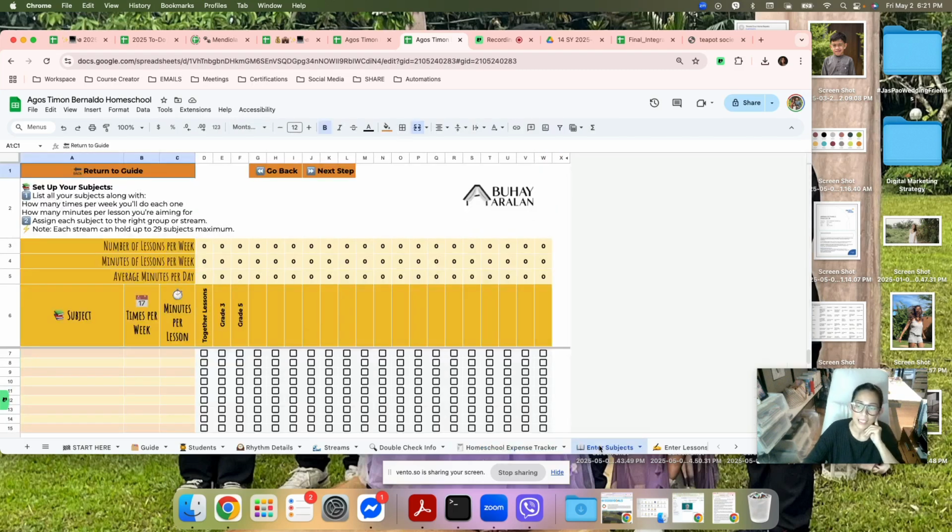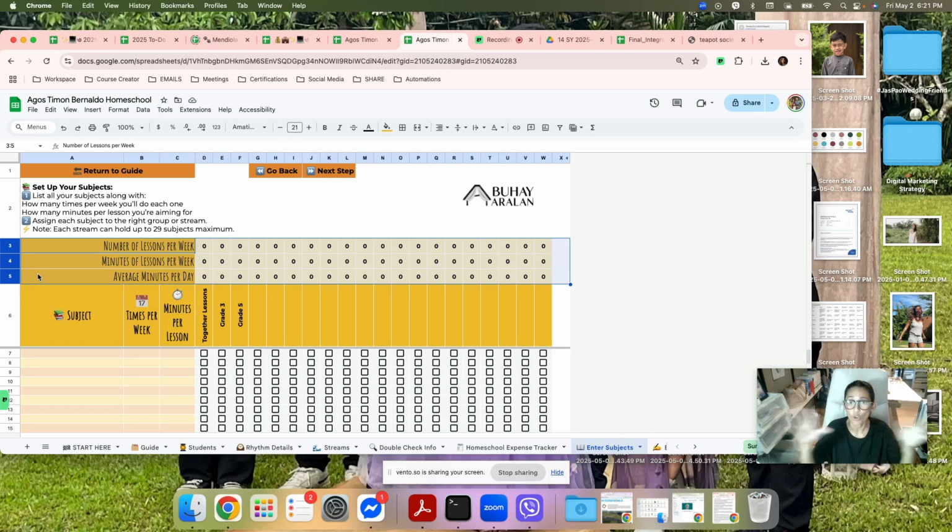Anyway, after you've discerned exactly what you're using, you can go to here, enter subjects. And it's going to show you, once you plug in, how long you're gonna do each subject and how many times per week. Exactly how long your students are going to be studying.